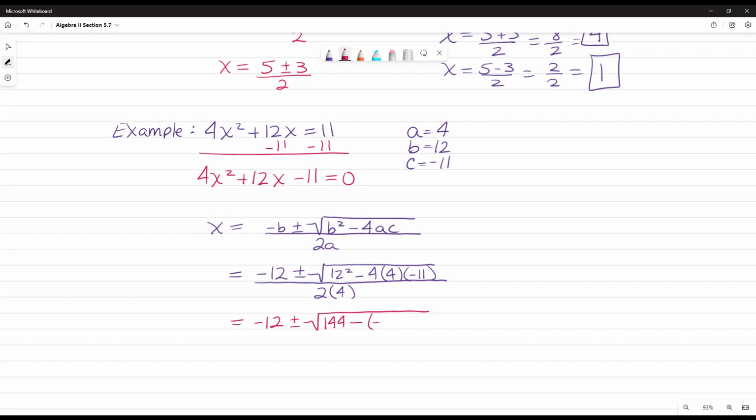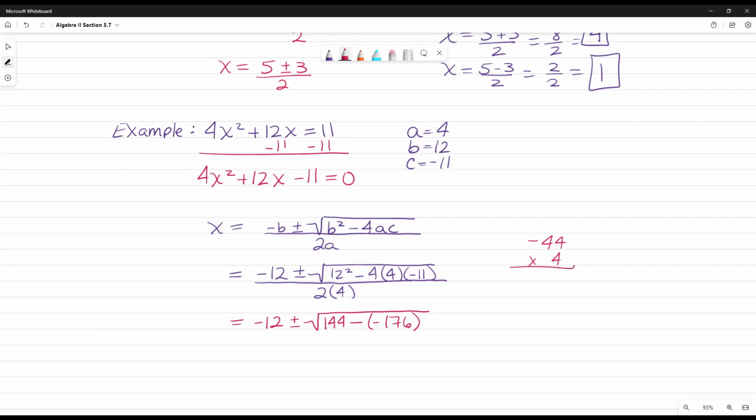But it's negative, right? 176. Well, I've got a negative, negative, which makes a positive. I just kept that one in front of the 4, so subtraction.